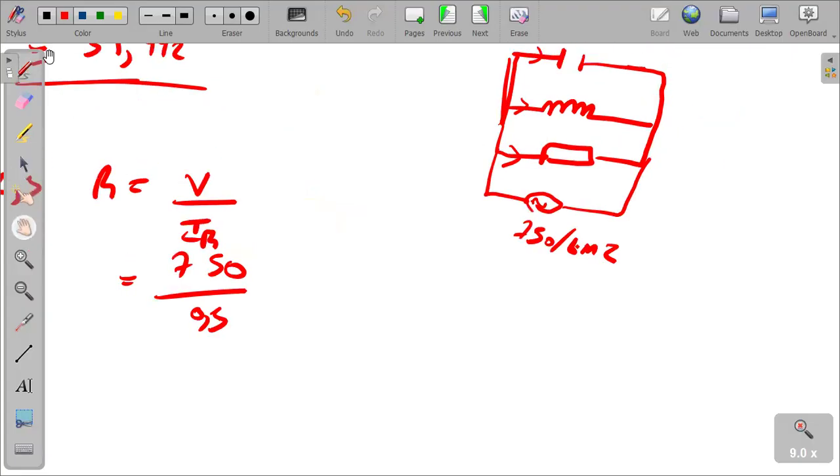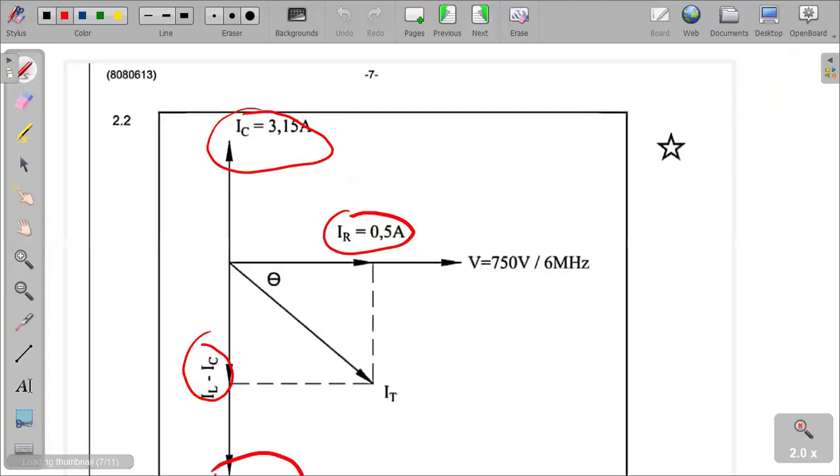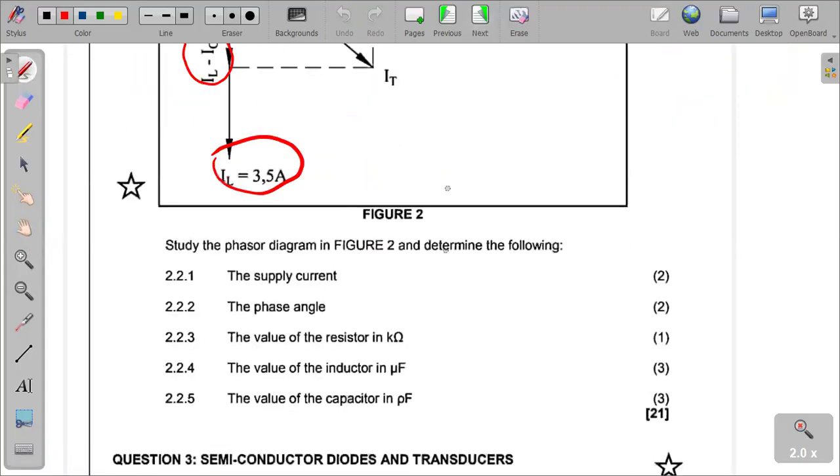So we are saying for R, IR is here. We have IL here. We have IC here. Right, so that's our circuit then. So if we divide 750 by 0.5, we get 1,500. But there's an instruction there, it's saying give your answer in kilo ohms.